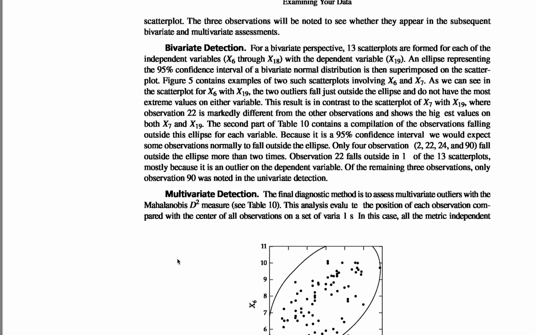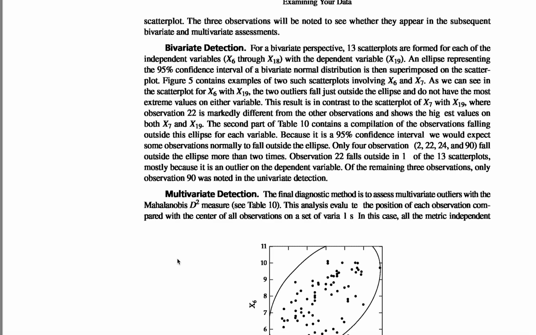Bivariate detection. For the bivariate perspective, 13 scatter plots are formed for each of the independent variables X6 through X18 with the dependent variable X19, and an ellipse representing the 95% confidence interval of the bivariate normal distribution is superimposed on the scatter plot. Figure 5 contains examples of two such scatter plots involving X6 and X7.